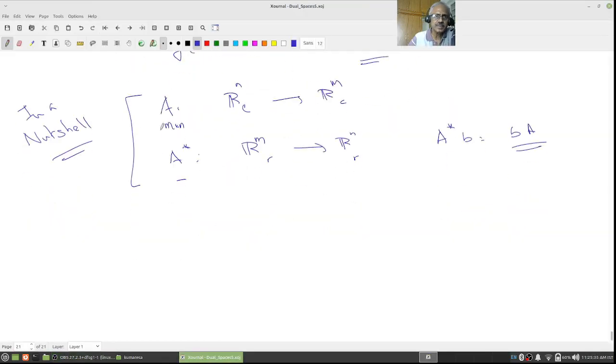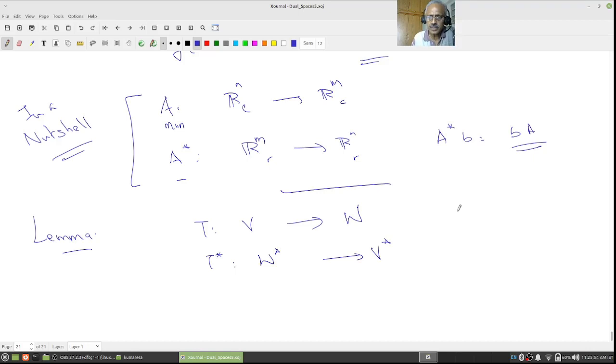Okay, so next thing we want to prove is the following. This is a lemma. Suppose T is a linear map from V to W, therefore T star is a linear map from W star to V star. Now what are the things we have found?